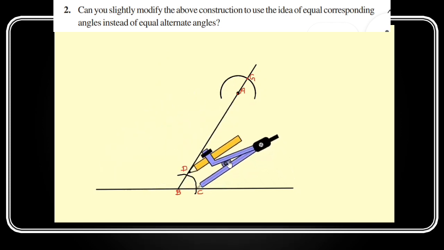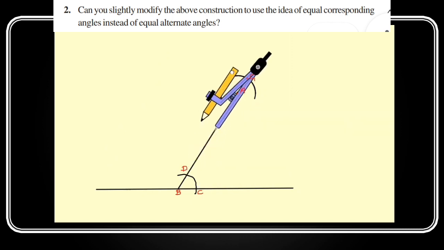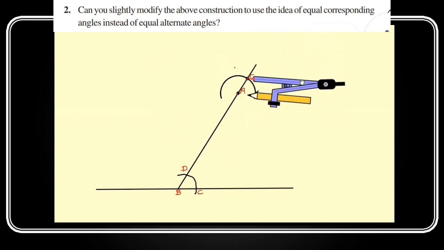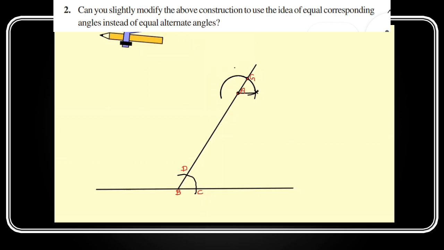Like this. Then we will take this radius and put the point at G and cut this arc like this. This point is H. Now we will join AH and draw a line parallel to the given line.